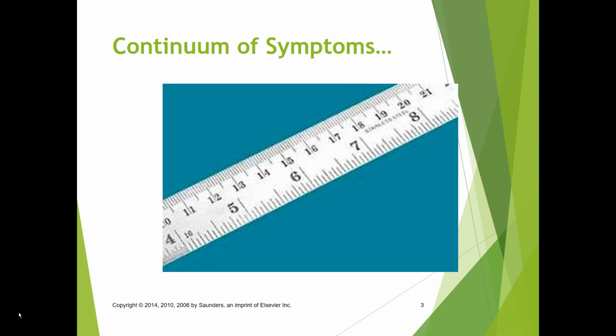It's very similar to using a rating scale. I think you're probably all at this point familiar with using a pain rating scale. Usually we ask patients to rate their pain on a scale of 1 to 10.